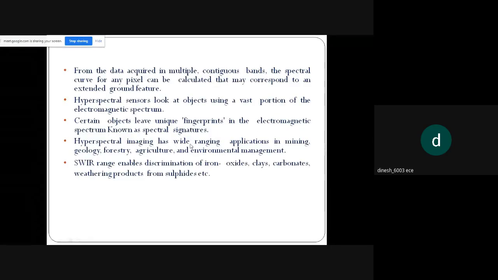The hyperspectral imaging has wide-ranging applications in remote sensing applications of mining, geology, forestry, agriculture, and environmental management. So this system enables discrimination of iron oxides in soil, clays, carbonates, weathering products from sulfides, and many more.